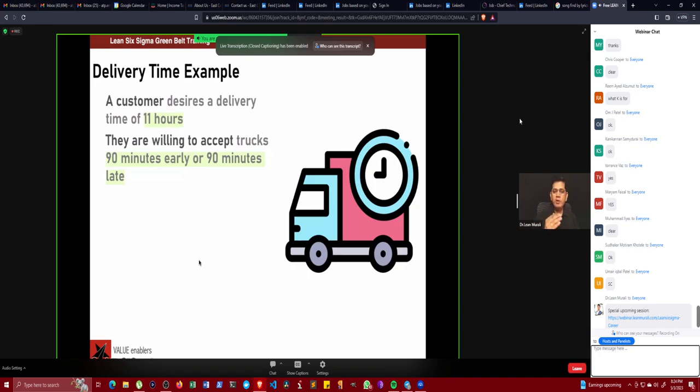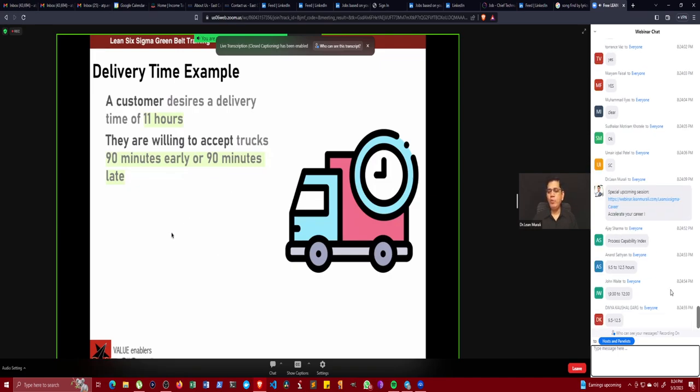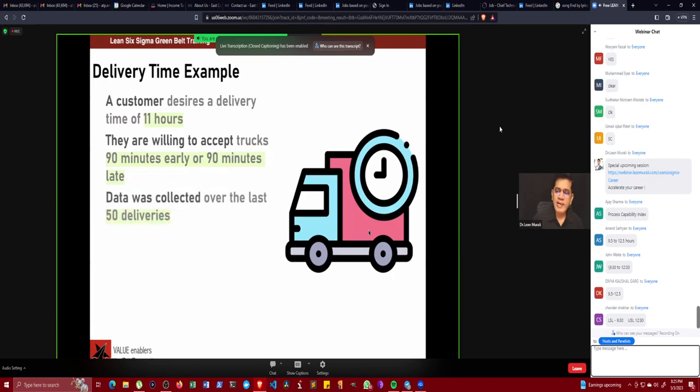What is your upper specification limit? What is your lower specification limit? Yes, 9.5 to 12.5.